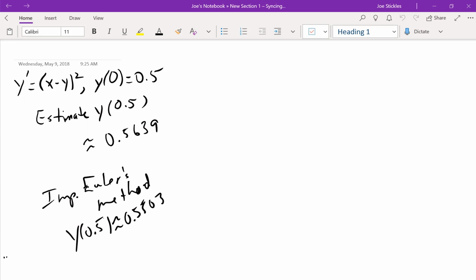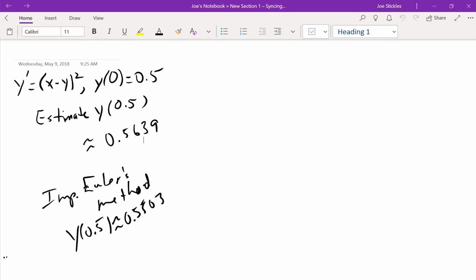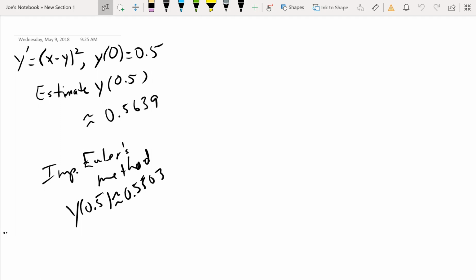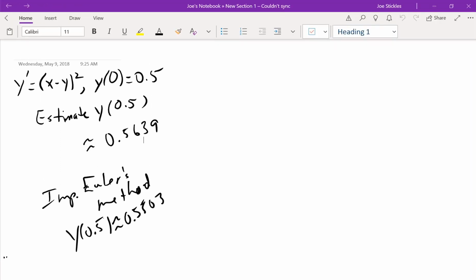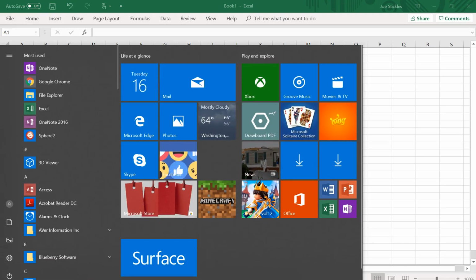So, we talked last time about least squares. What am I doing? This is a different notepad. I'm going to do some stuff on the computer. I don't know why it's doing that.